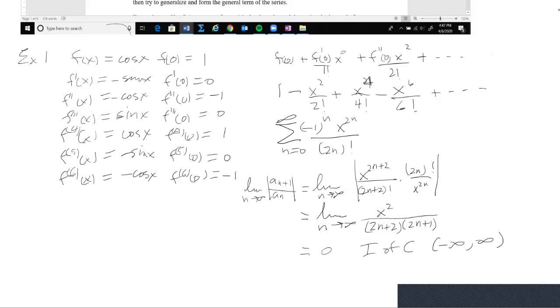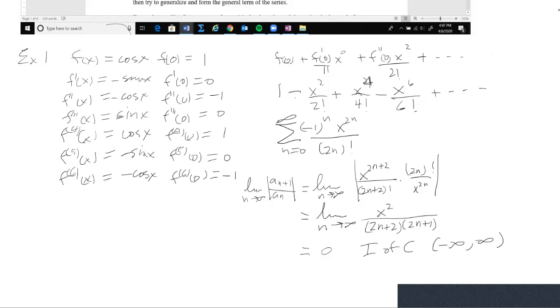So now, what the theorem does not say is that we still don't know if this series that we have converges to the function cosine of x. We do know, remember what the theorem says, it's if the series converges to f of x, then the coefficients are in this form.